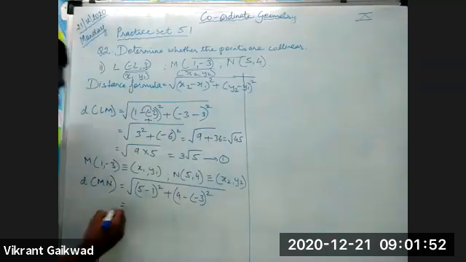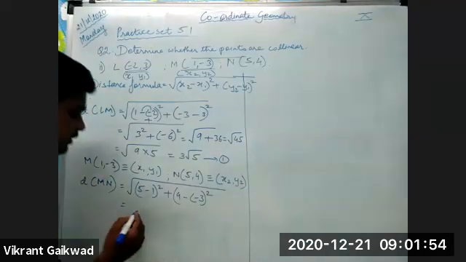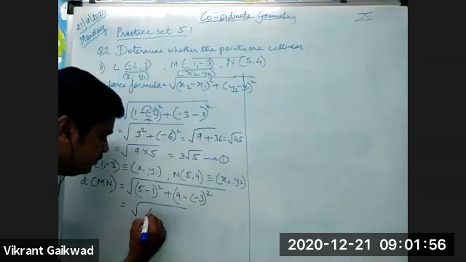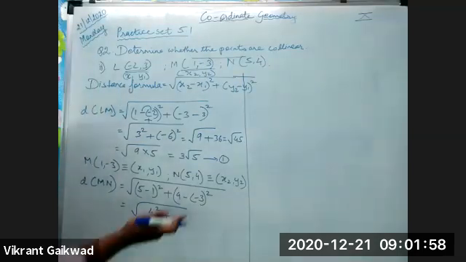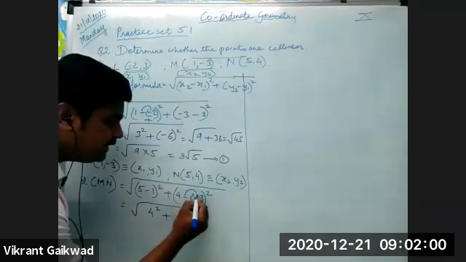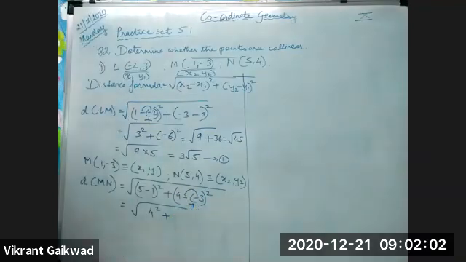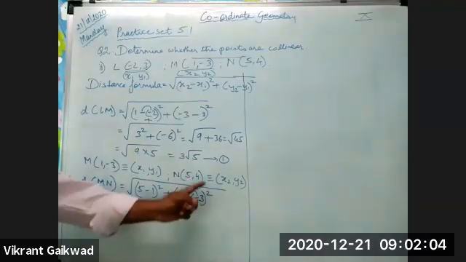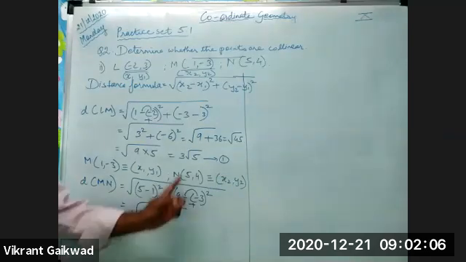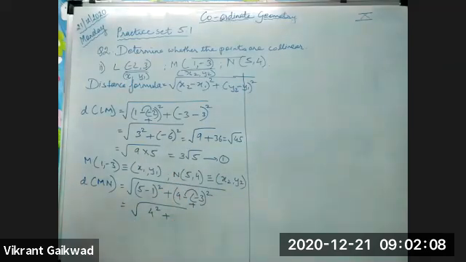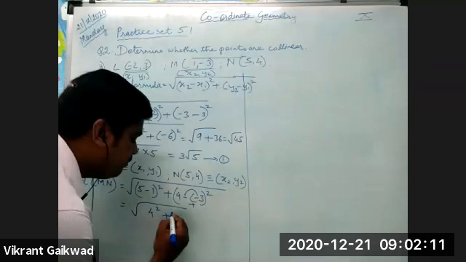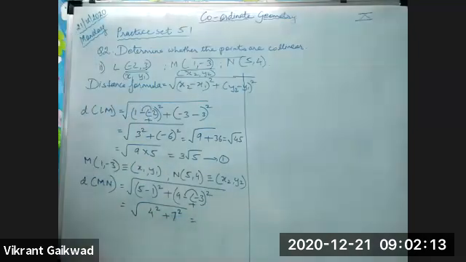So that is equals to 5 minus 1 is 4. So 4 square plus 4. Now the minus and minus is going to become plus. So 4 plus 3 is what? 7. So 4 square plus 7 square.